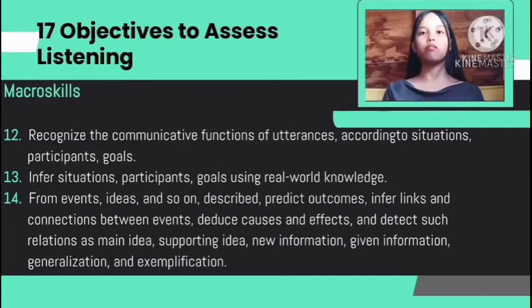Number 14, from events, ideas, and so on, describe, predict outcomes, infer links and connections between events, deduce causes and effects, and detect such relations as main idea, supporting idea, new information, given information, generalization, and exemplification.